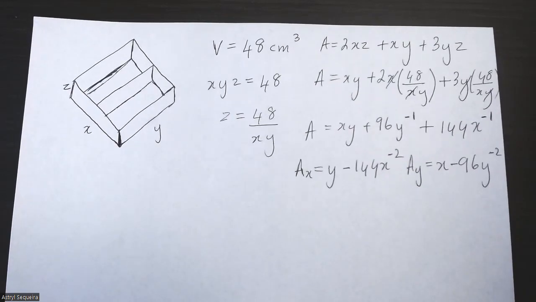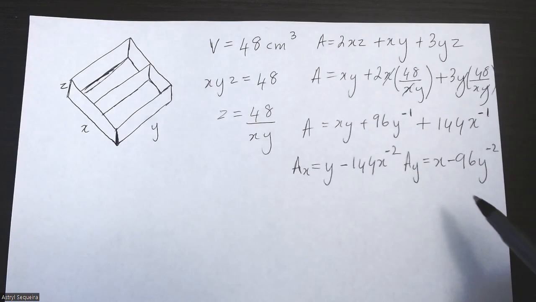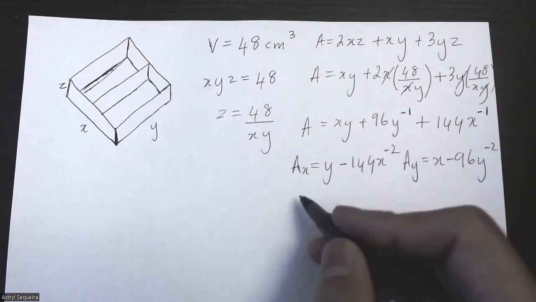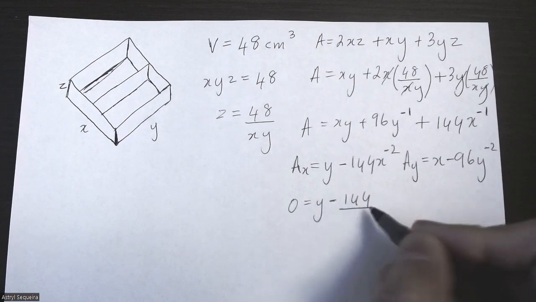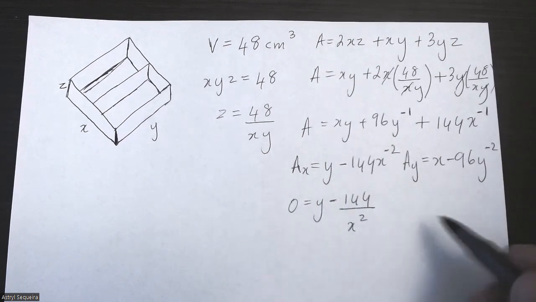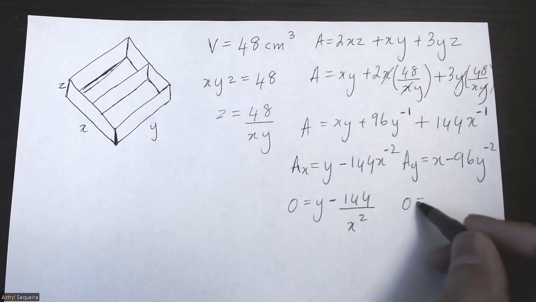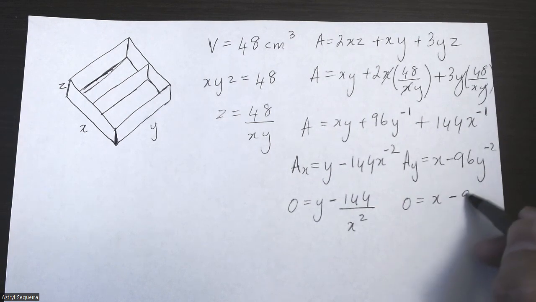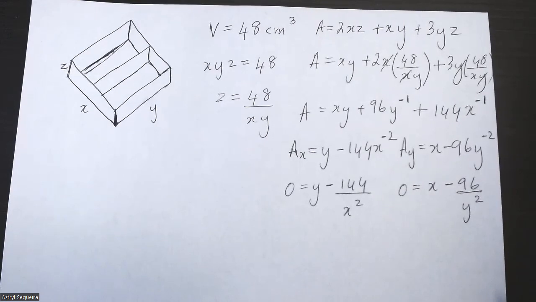And then I want to make both these equations equal to 0, and I want to solve for my x and my y to find my critical points. So 0 equals y minus 144 divided by x squared. I can't solve this by itself, which means I have to go to my second equation. 0 equals x minus 96 over y squared.